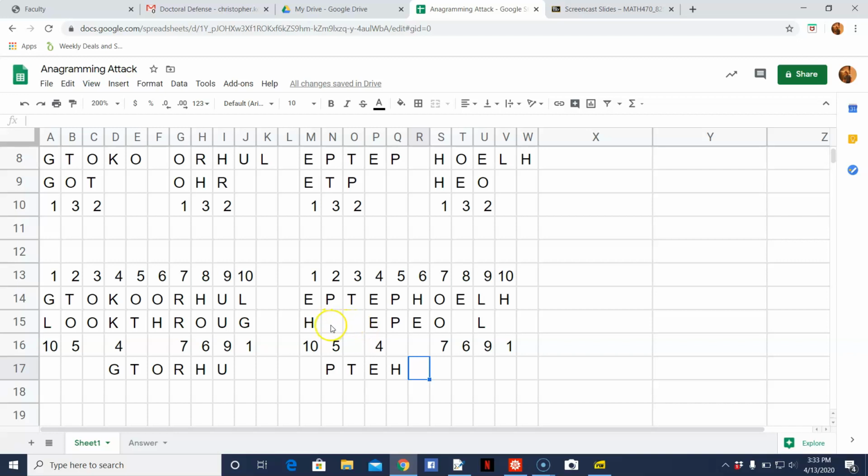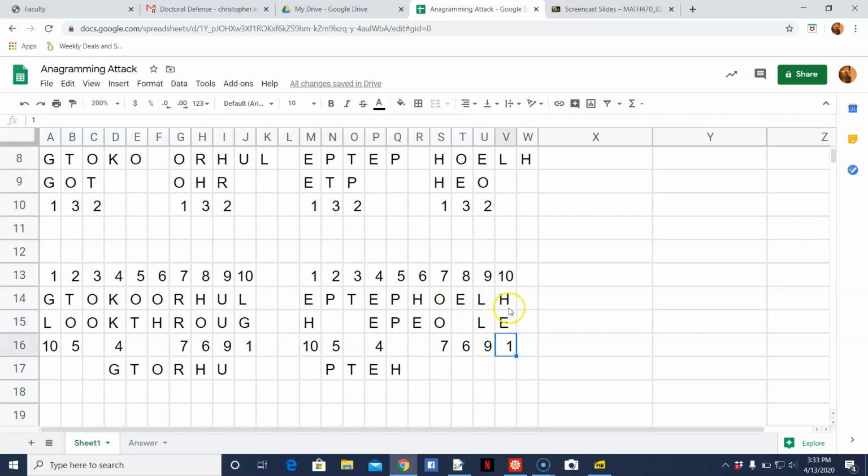If it were, it would have to be a word like EYE, but I don't have a Y. It could be T, it could be something else, but seems unlikely. Likewise, it seems unlikely to go here. So I'm guessing this E will go there.